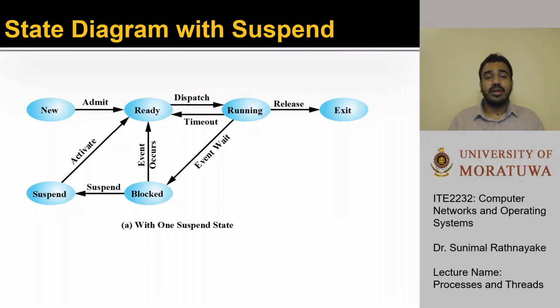The processes to run have to be in memory, and memory has limited capacity, so they have to be swapped to the disk. This means the hard disk or some secondary storage device. And then one of the suspended processes on the disk can be brought back in and activated so that it goes into the ready state and can function as usual. So with the new suspend state, the state diagram slightly changes. Now we have 6 states, including the suspend state.